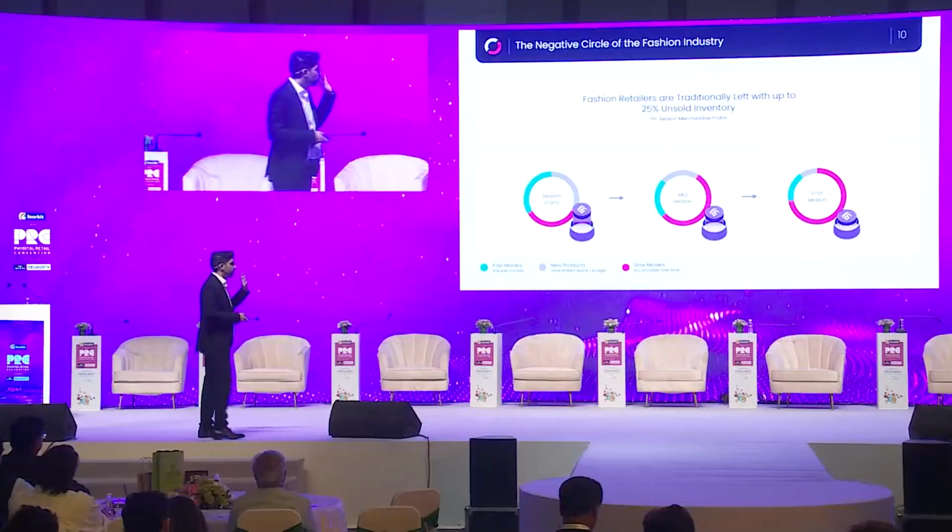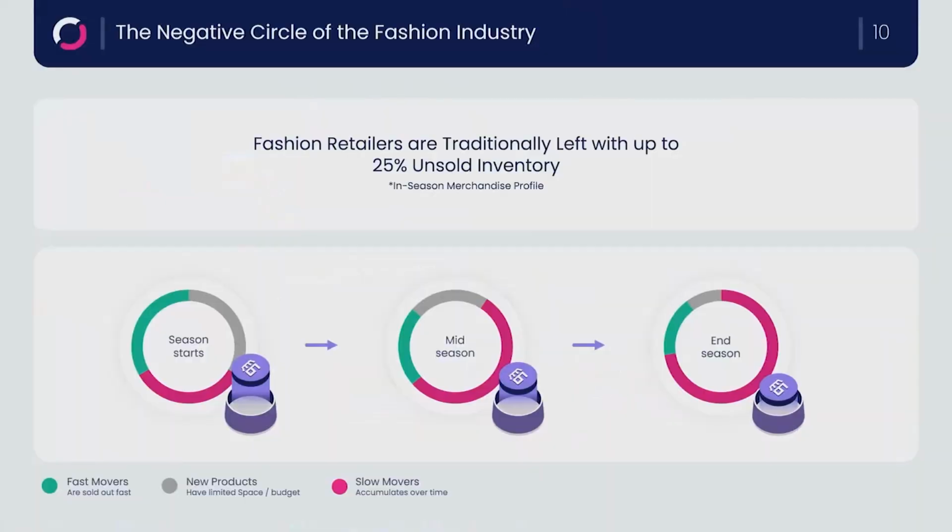And naturally, as this tendency proceeds towards the end of season, if we take a snapshot just before the end of season, usually what we see is that the store is already occupied with slow movers to the extent that the vast majority of the shelf is slow-moving stock, simply stock that did not sell. Fast movers would be only those leftovers.